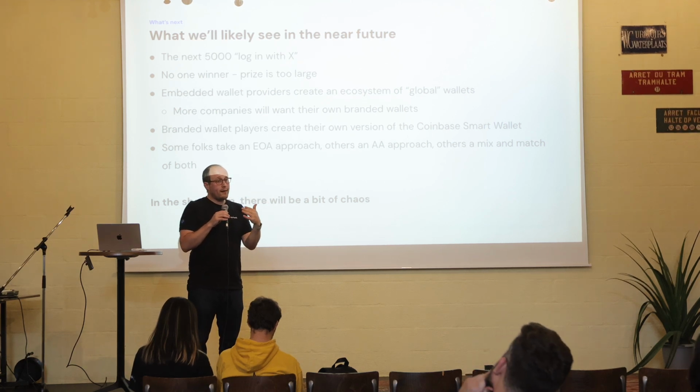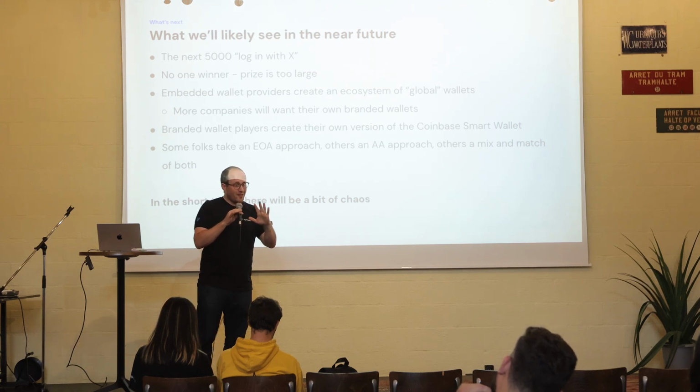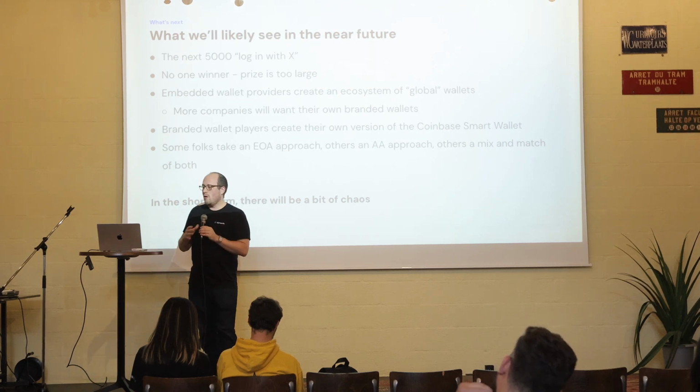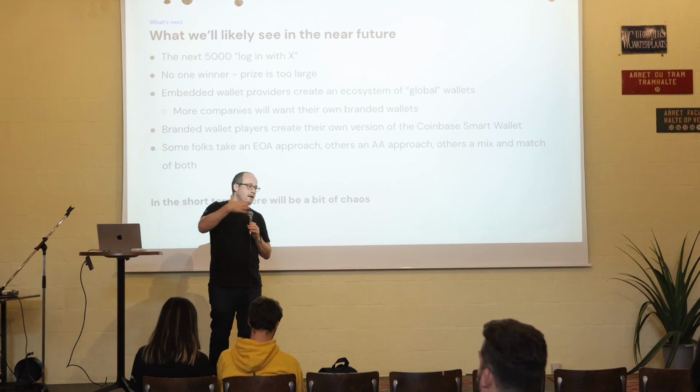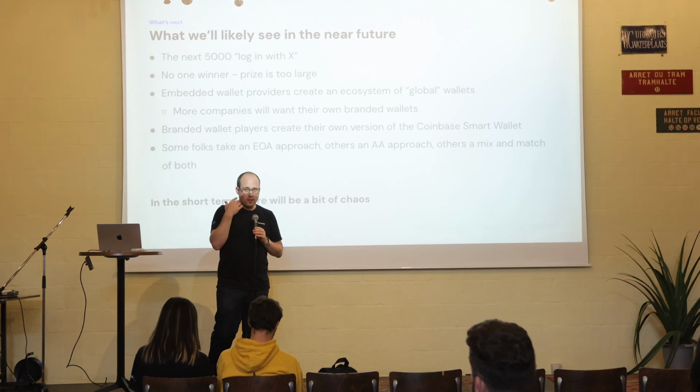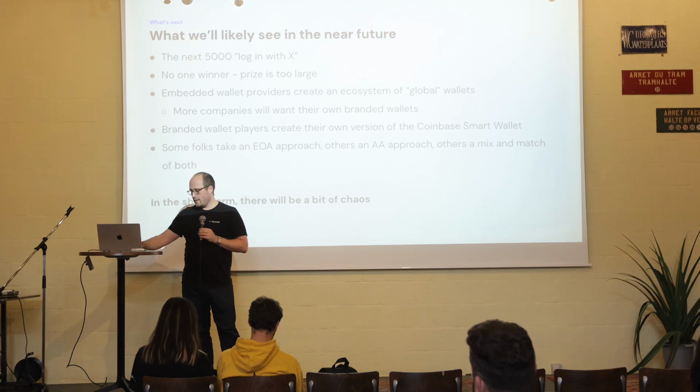And for a while, we're going to get more wallets, not less, as a result of that. But that's fine. It's chaotic in a good way, where over time, I think you're going to have 10, 15 wallets that you're going to recognize the brands of and use across all these sites.